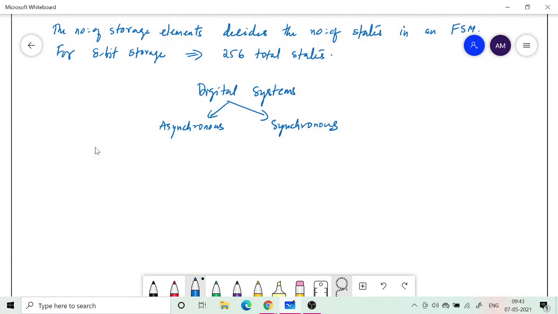An asynchronous system is a system which is not controlled by a global or system clock.